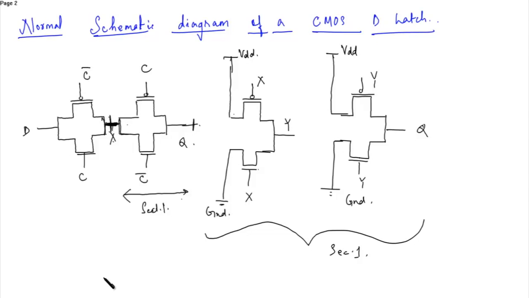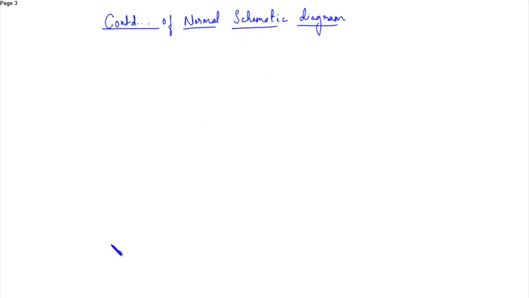So now let's see another form of the schematic diagram, that is, if we join the terminals, then the schematic diagram would have, this is the continuation of the normal schematic diagram.